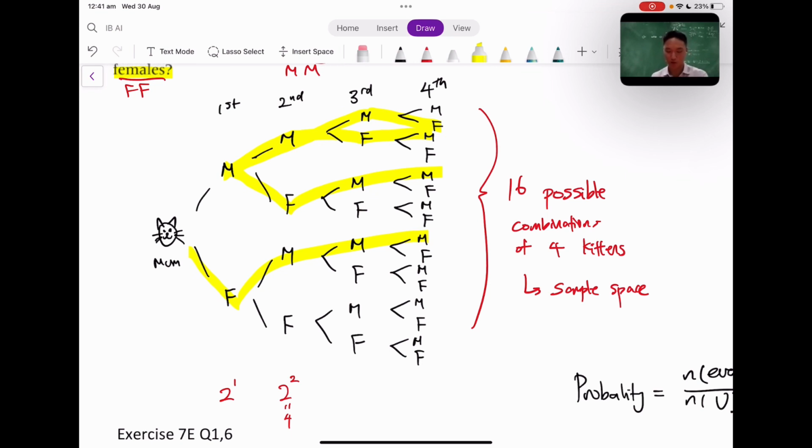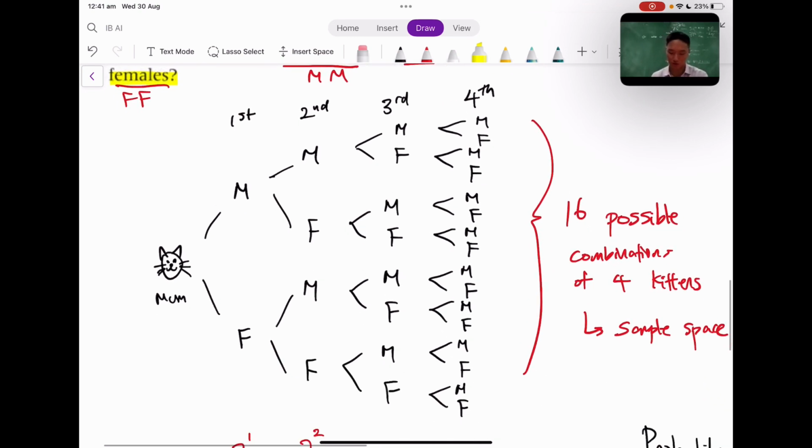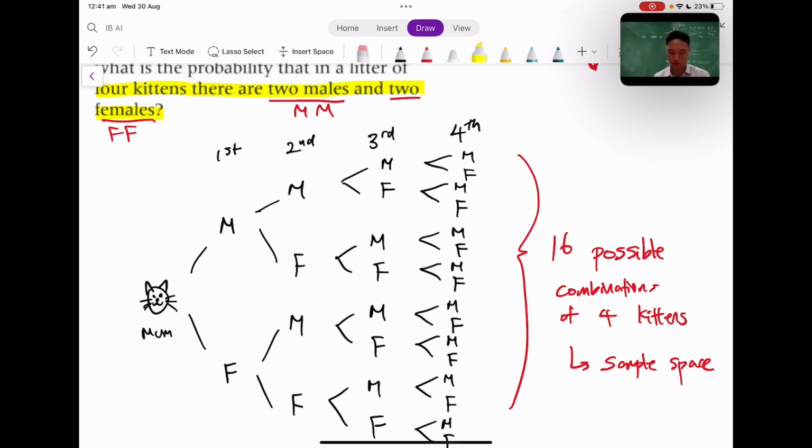All right? So, just like how we did, we are now going to count and show what combinations there are to have 2 males and 2 females. The question did not specify the specific order, that the first child must be male. It just said in any combination there are 2 males and 2 females. So let me show you.